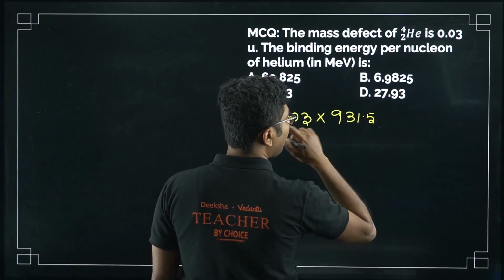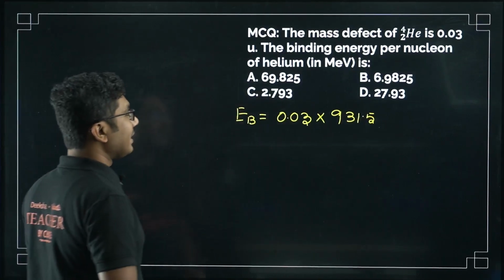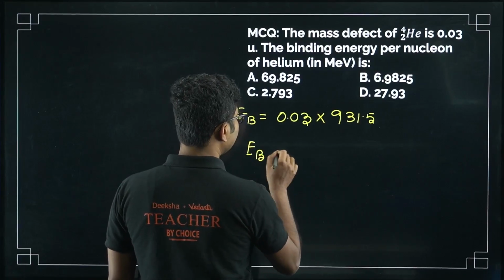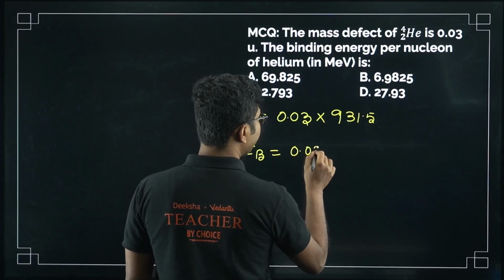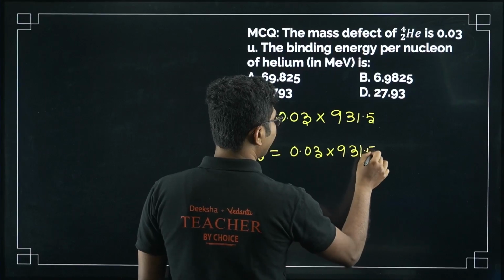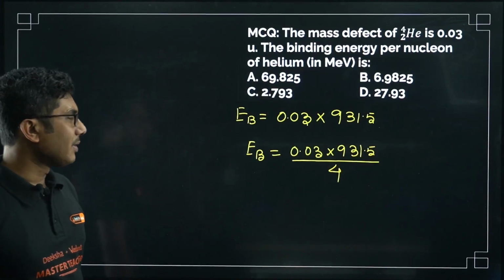To convert it into binding energy per nucleon, EB = 0.03 × 931.5 divided by 4.